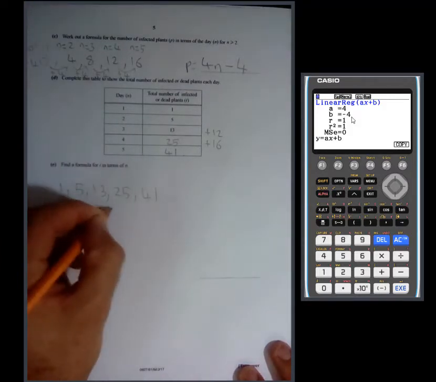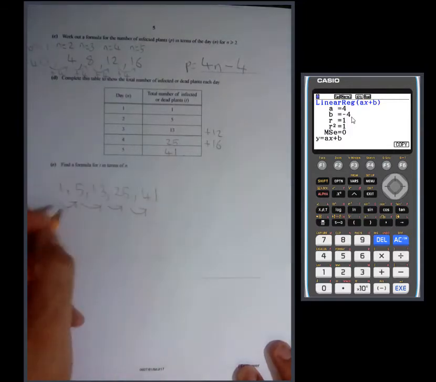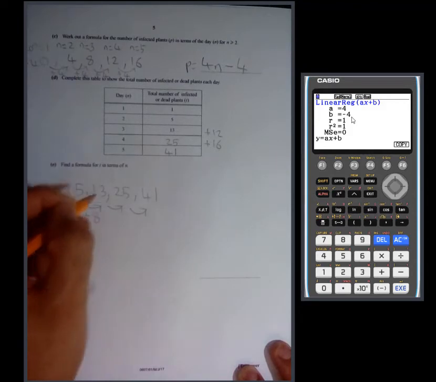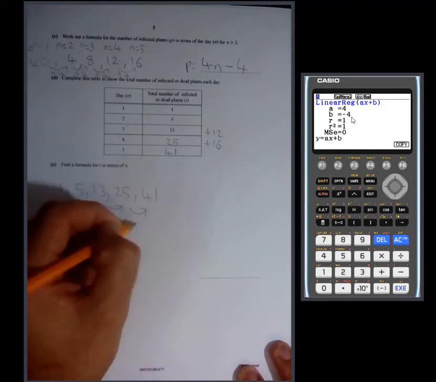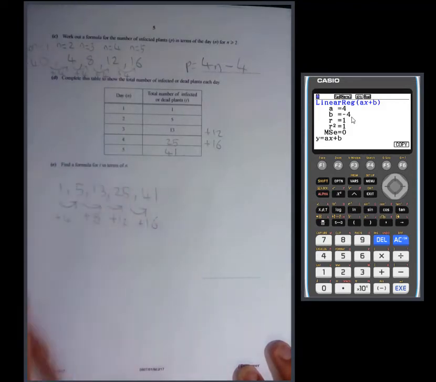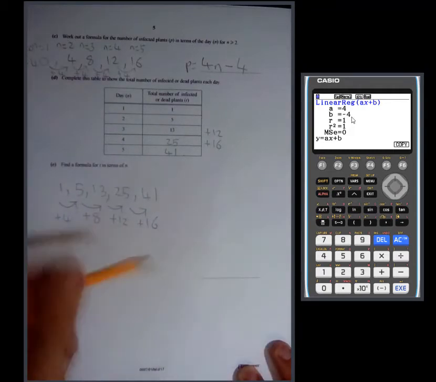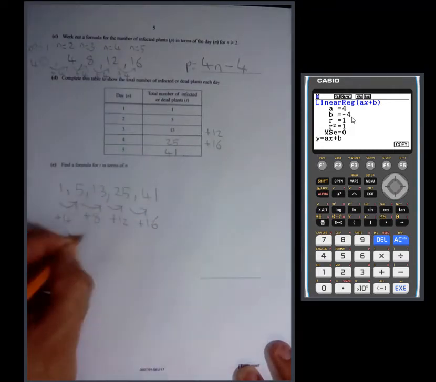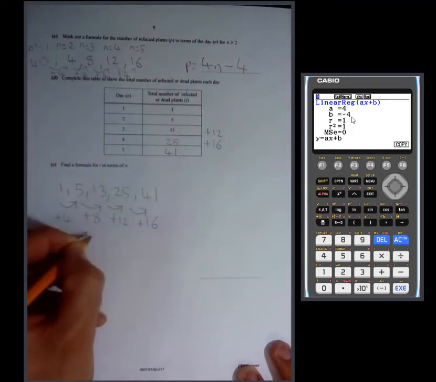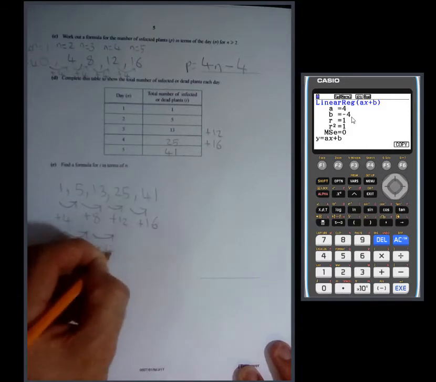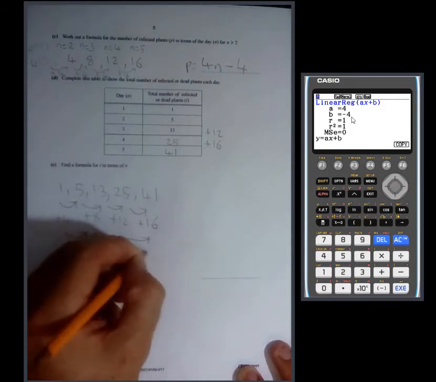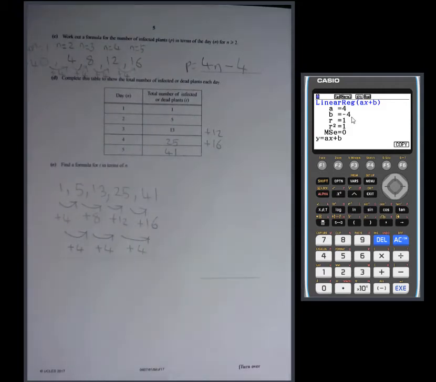So draw your arrows for your differences. Plus 4, from 5 to get to 13 is plus 8, 13 to 25 is plus 12, and 25 to 41 is plus 16. This looks promising because I think I'm going to have a constant second difference. Plus 4, plus 4, plus 4. Right, so constant second difference implies two things.